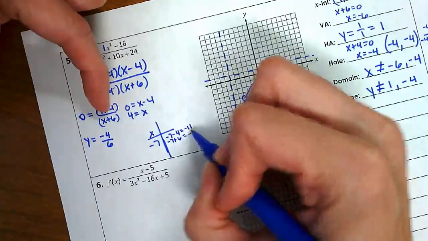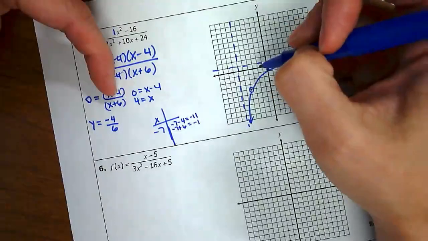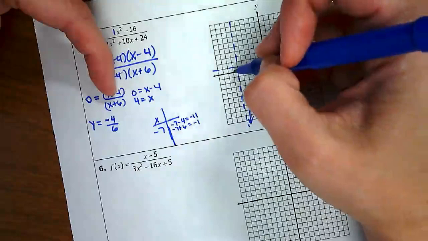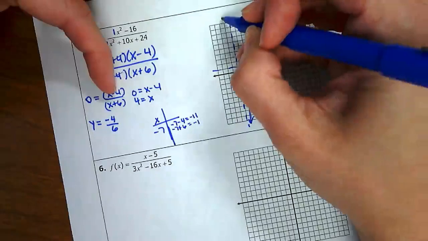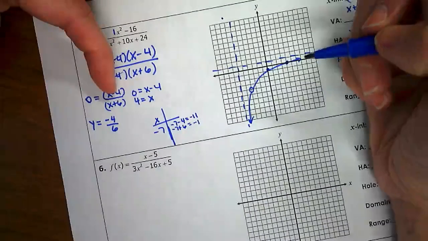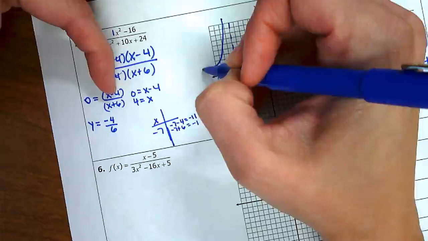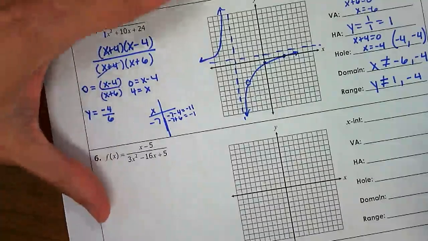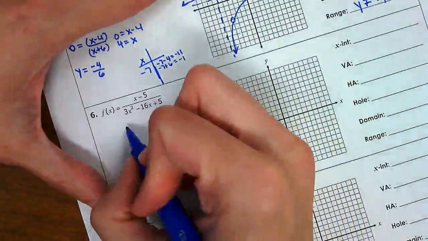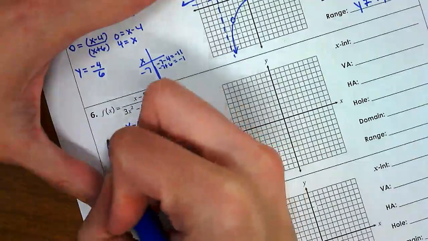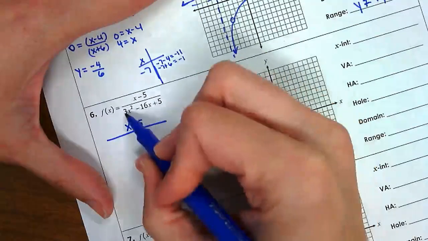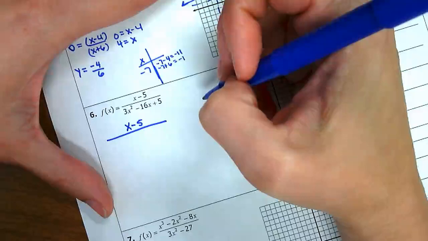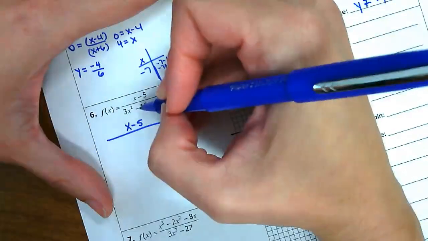Negative 7 minus 4 gives me negative 11 over negative 7 plus 6, which gives me negative 1. So I'd be at 11. If I went over to negative 7, I'd be way up here at 11. I know my graph's going to do something like that. Okay, I'm just estimating that part of it.